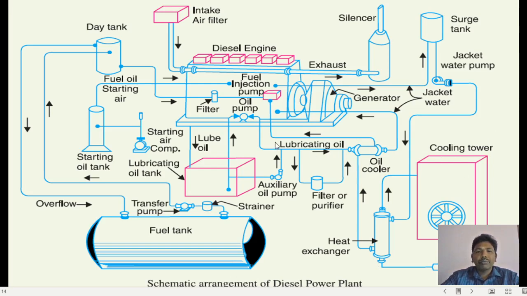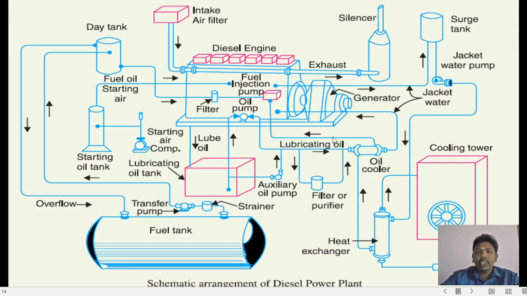Finally, one more thing is left out, that is air intake. This portion is your air intake system. Why? Because to create heat energy, you have to make the combustion happen. For a combustion to happen, what is required? Air is required. So this is the overall layout of your thermal power plant run with diesel. Let me repeat the steps again.